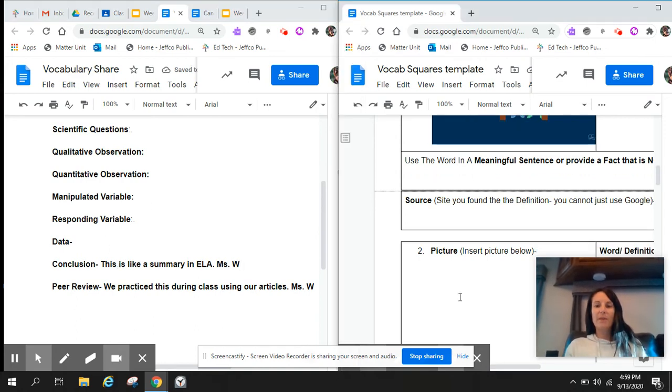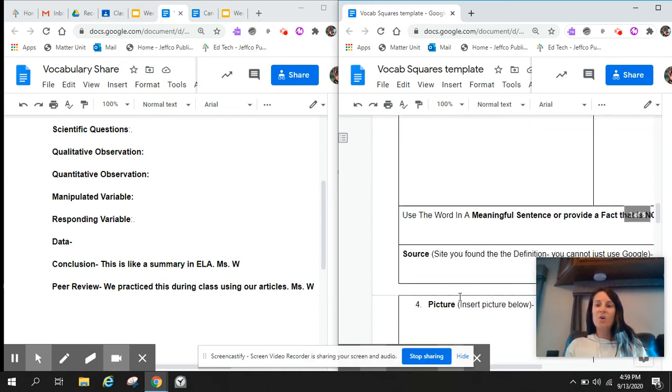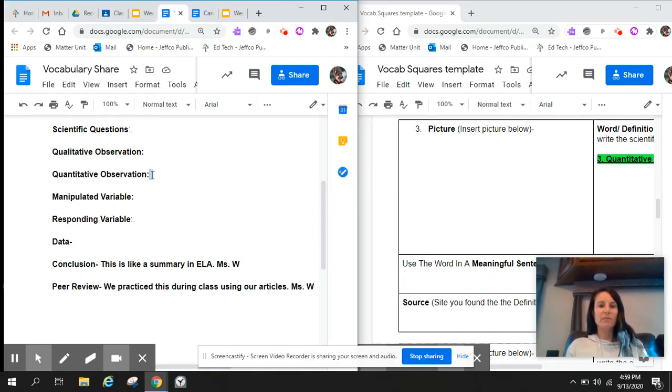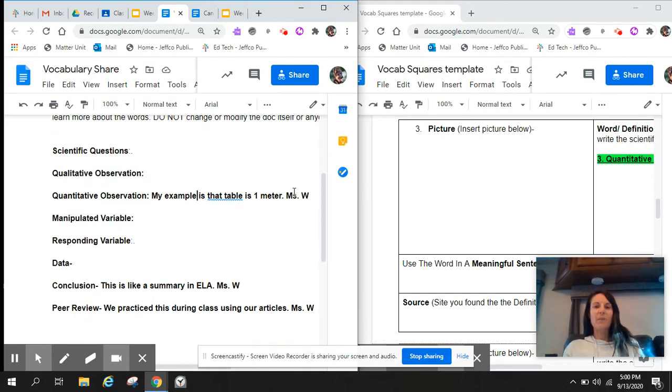So then I could keep coming back over to my vocabulary squares and seeing the work that I have already done and being like, oh yeah, quantitative observation. I wrote a good example here for that. So I'd come back over to our assignment for today and I'd write, my example is that the table is 1 meter. And I'd put my name. And I did 3, proofread of course. So I did 3 out of the 8 words and I contributed and I put my name.